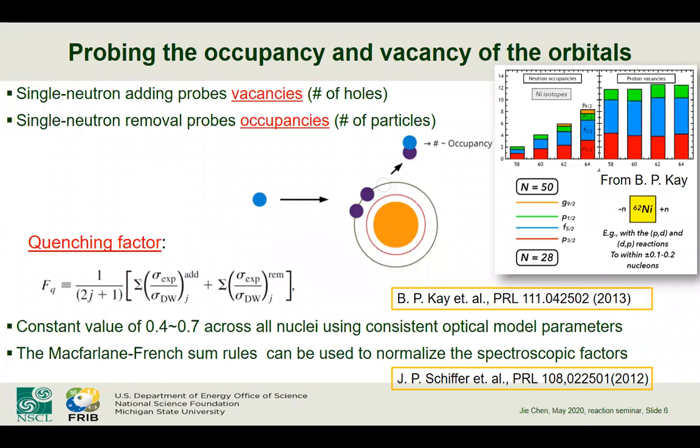Then, using the corresponding vacancy or occupancy of the orbital and the sum rule, we can normalize the spectroscopic factors. In this way, we get the relative spectroscopic factors. This will reduce the uncertainty from the optical model parameters and also uncertainties from the absolute cross sections. That's why we prefer to use the relative spectroscopic factors rather than the absolute values.